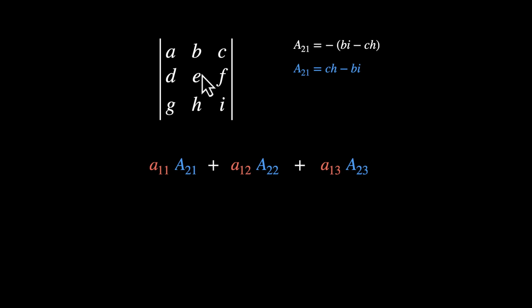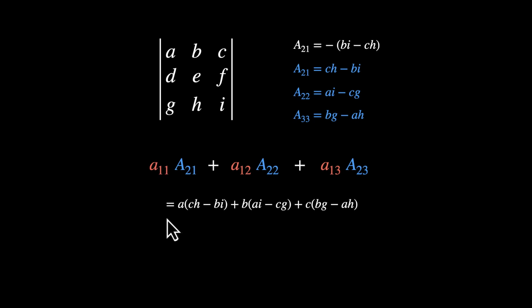It stays positive. This sign is plus. So A22 is ai minus cg. Then we have A23. For this element, we have ah minus bg. That's the minor with a negative sign because plus minus plus, minus plus minus. So A23 is going to be the negative of that. That's bg minus ah. Now let's multiply them with the elements and see what we get.